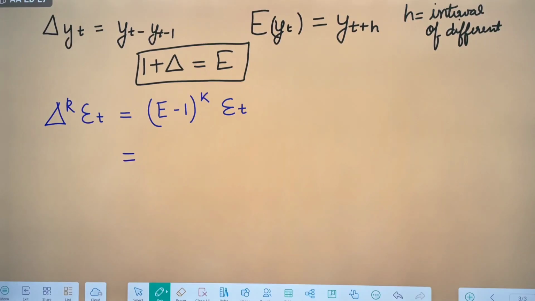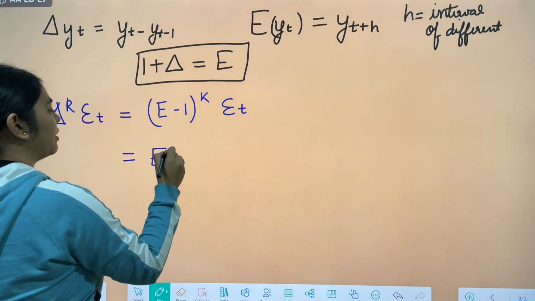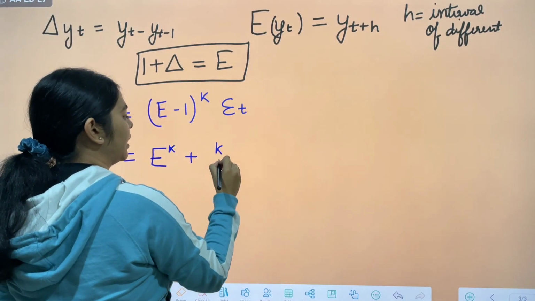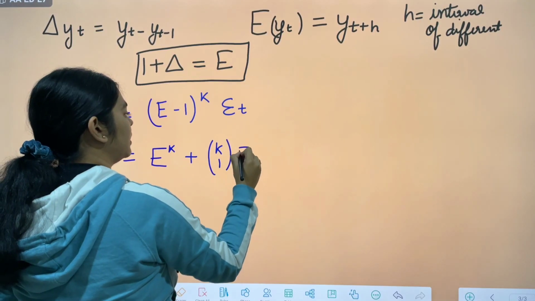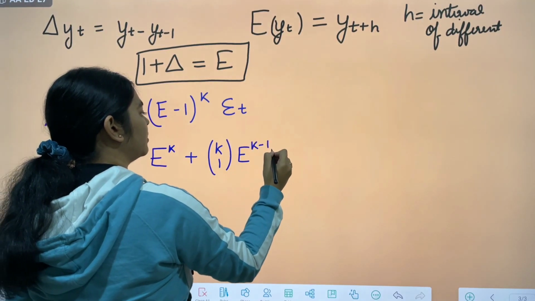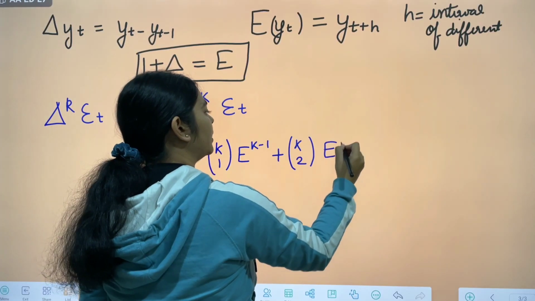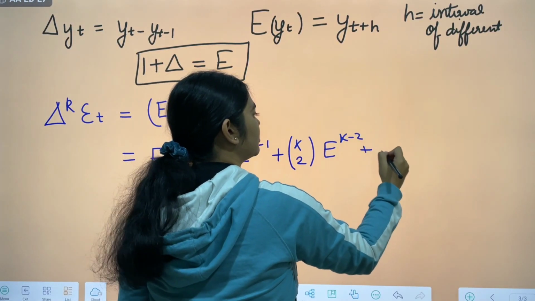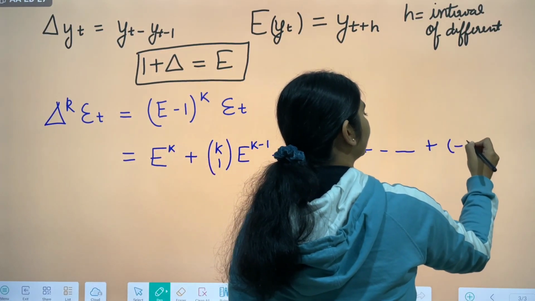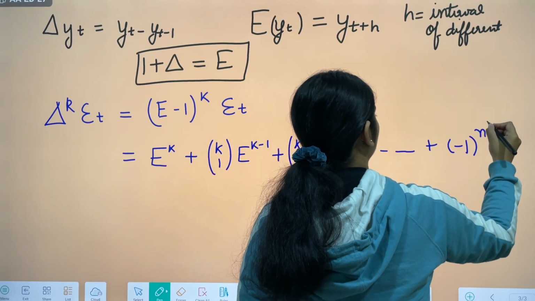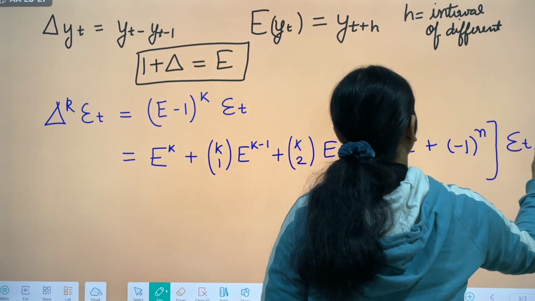I will be getting E to the power k, minus kC1 E to the power k minus 1, plus kC2 E to the power k minus 2, and so on up to (minus 1) raised to the power k, and outside it is epsilon t.